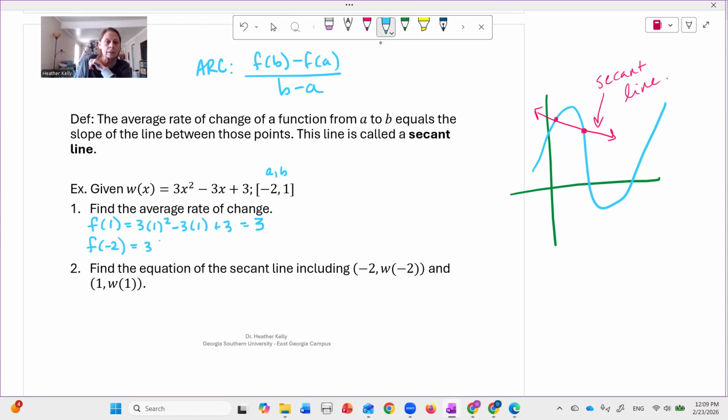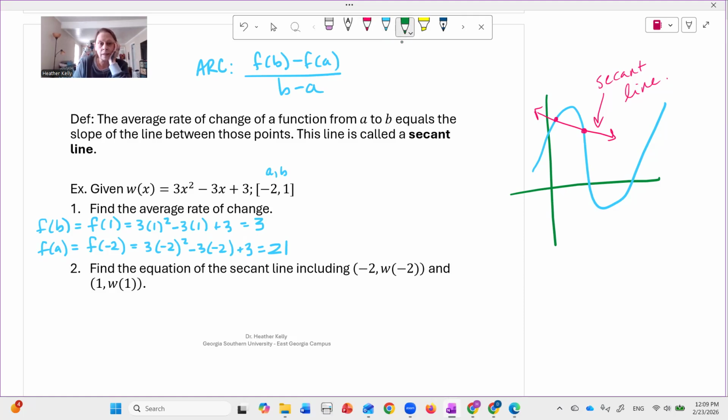And we'll find our f of negative 2. That's going to be 3 times negative 2 squared minus 3 times negative 2 plus 3. So let's make sure we're good here. The f of b, f of a. Order matters here, okay? So this is 3 times 4 is 12 plus 6 is 18, 19, 20, 21.